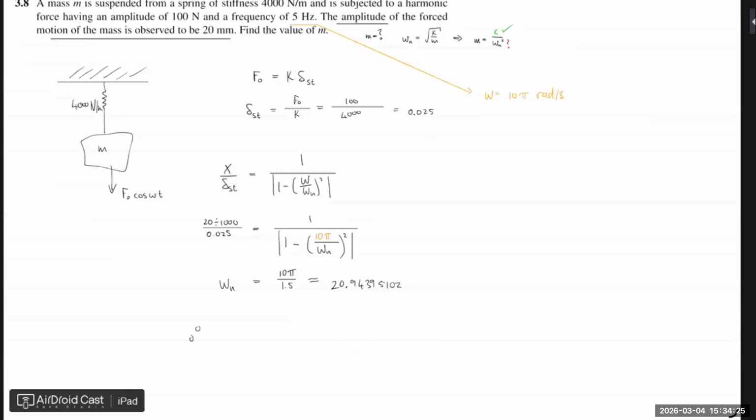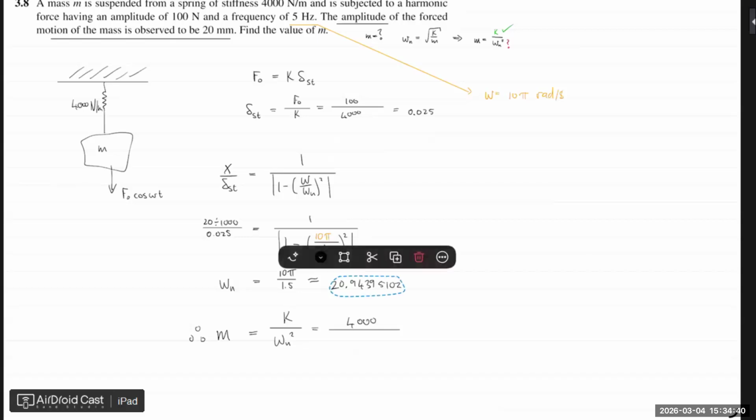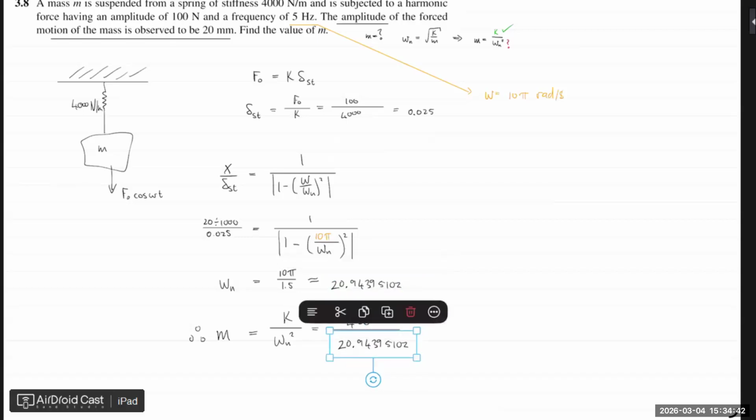So therefore, I can calculate mass. Mass is K over omega n squared. So it's that 4,000 divided by this value squared. And that's about 9.119 kilograms.